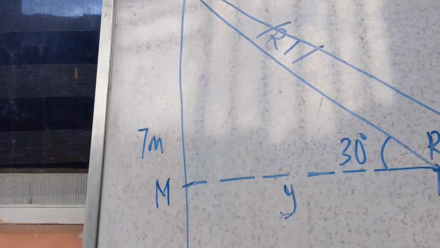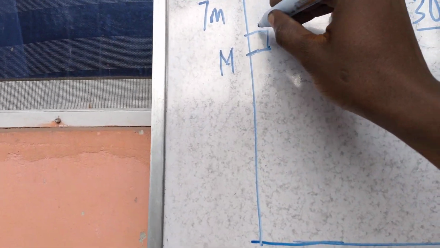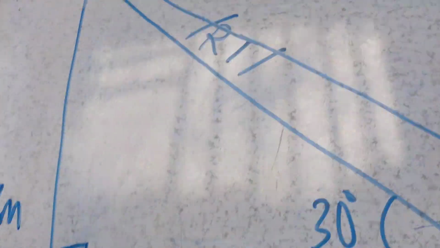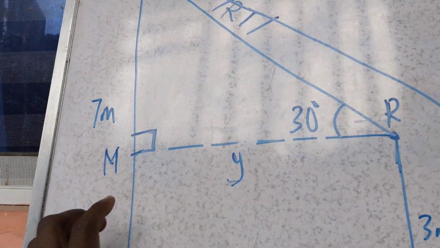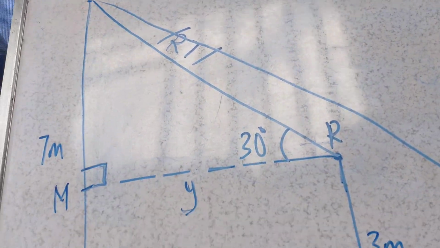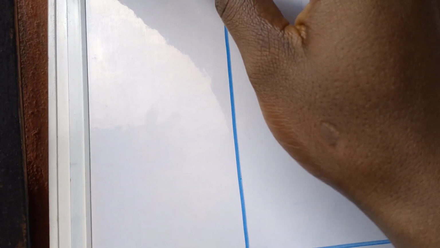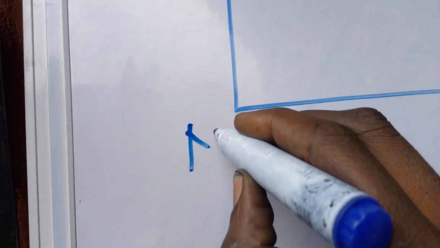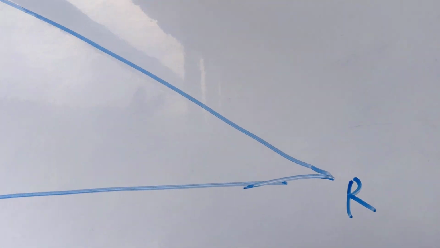I can then cut out the triangle, which has a 90 degree angle. I can cut out the triangle TMR. This is T, M, and R.